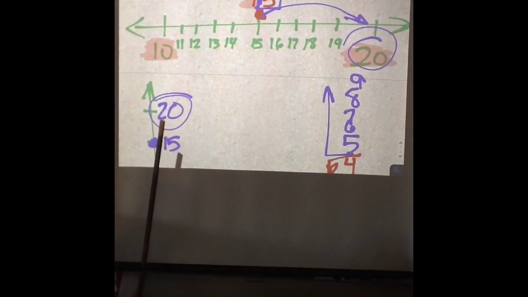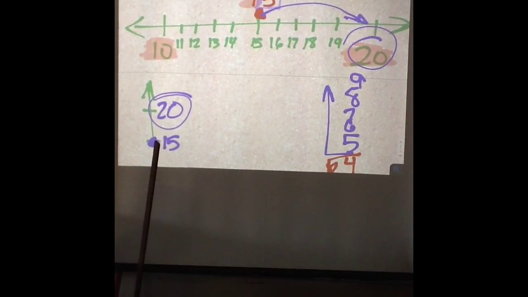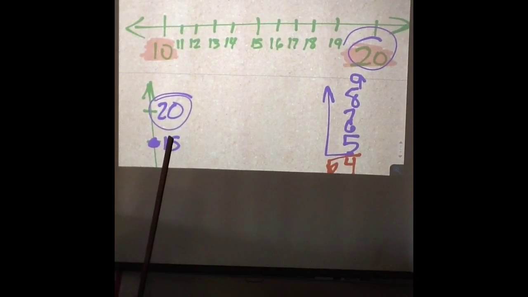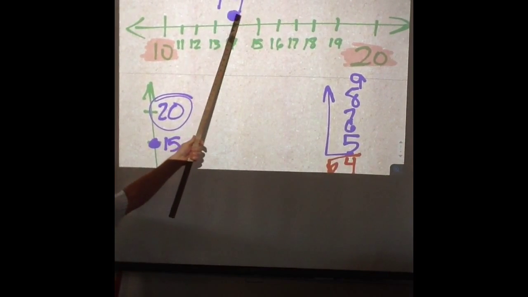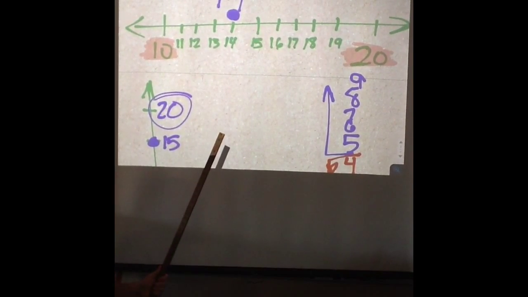Now, let's practice that again, and I'm going to use one I've already done with you, so no one gets confused. Let's say my dot is on the 14. Let's write that out. Which one of these digits am I rounding to? The 10.